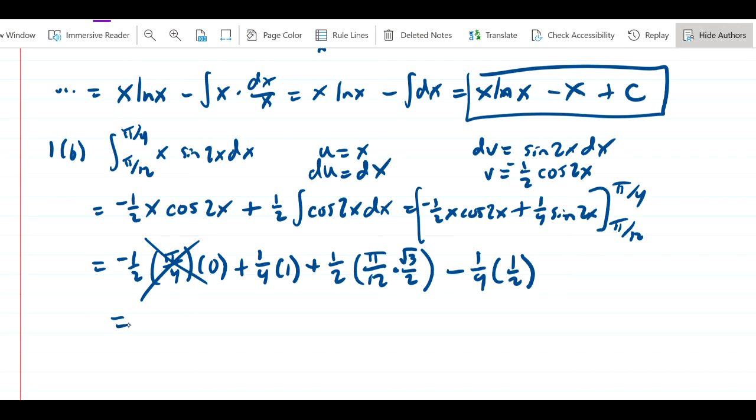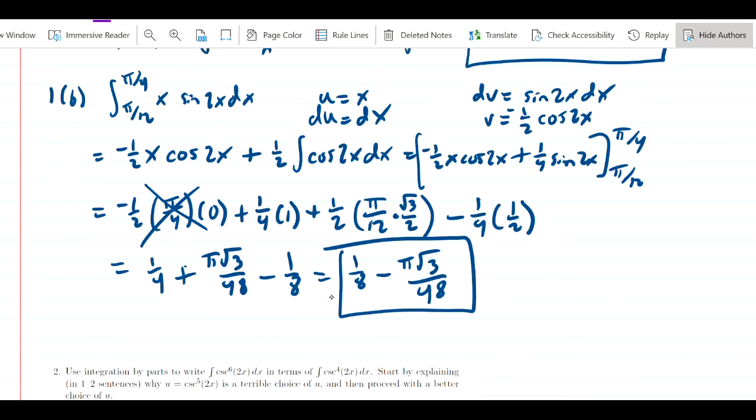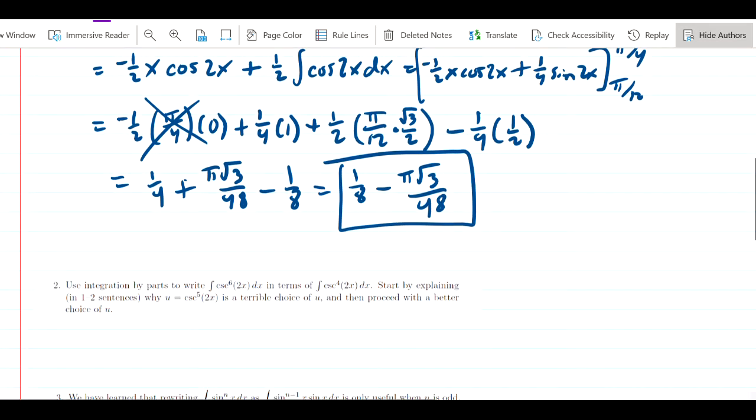So this comes out to 1/4 plus pi root 3 over 48, and then minus 1/8. So whatever that comes out to, I guess we can say that that's going to be 1/8 minus pi root 3 over 48.